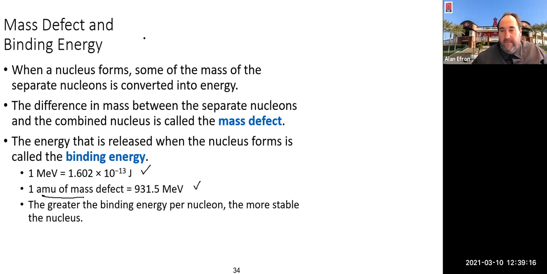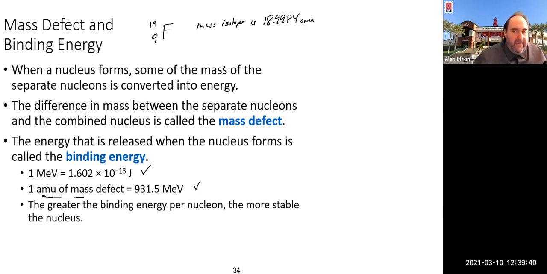So if we look at something like fluorine, let's take a look at fluorine 19. If we go to the periodic table, we have 9 as the atomic number. Let's say the mass of this isotope is 18.9984 AMU.